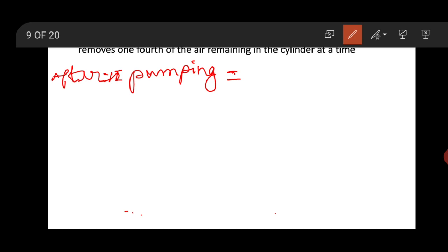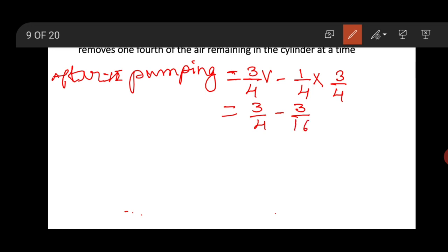What is the present air here? 3 by 4 volume minus 1/4 of 3 by 4. That is 3 by 4 minus 3 by 16.